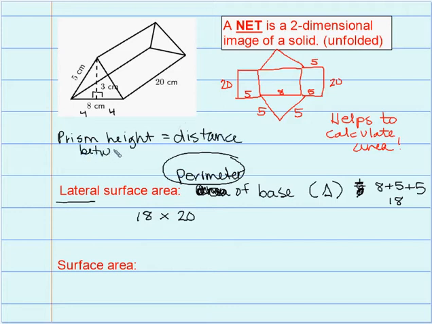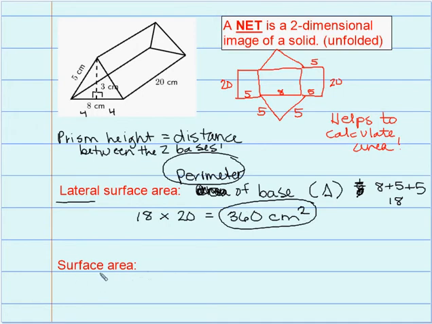And maybe you didn't know that until just now, but write it down so you can remember that later. So we're going to multiply those two together, and we are going to get 18 times 2 is 36 with the 0. Our units are centimeters, and even though it's lateral surface area, it's still units squared.